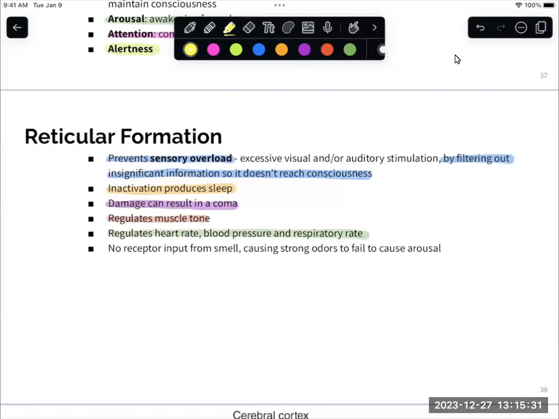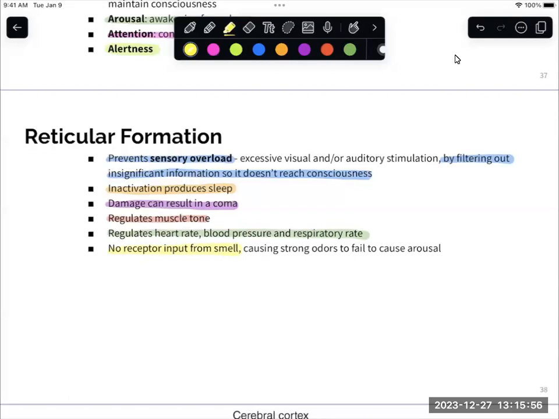Now the interesting part. There is no input from smell into that reticular activating system. So when you're sleeping, this is why we have smoke detectors in our homes. This reticular activating system will not wake you, smell will not wake you up.